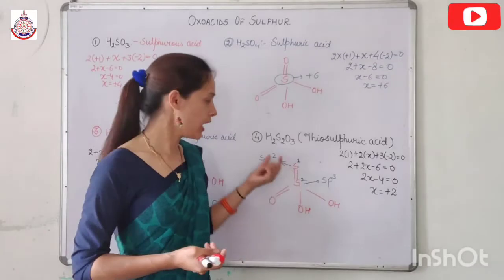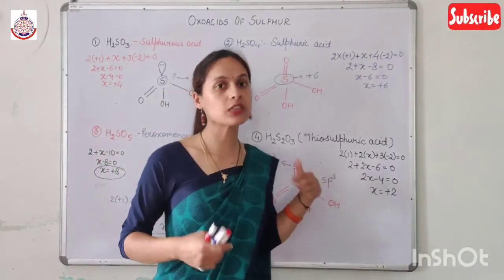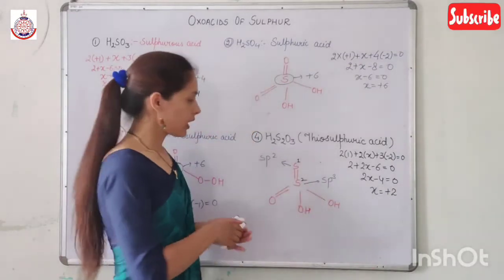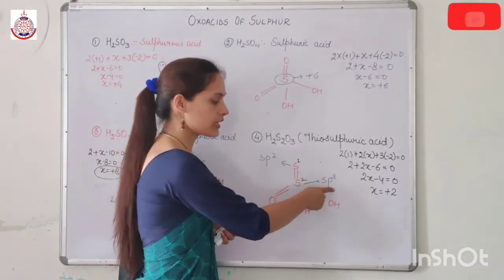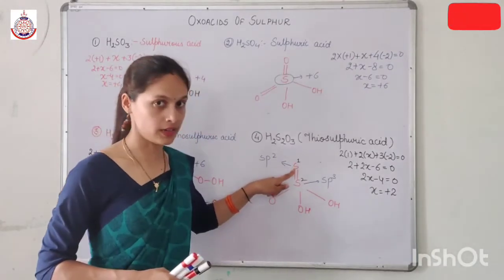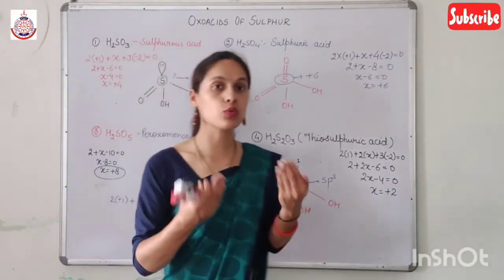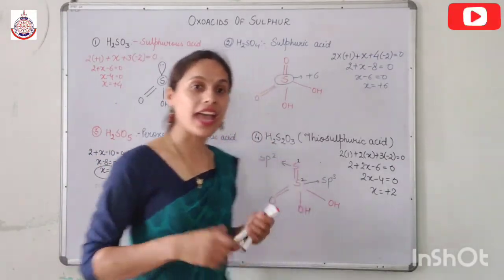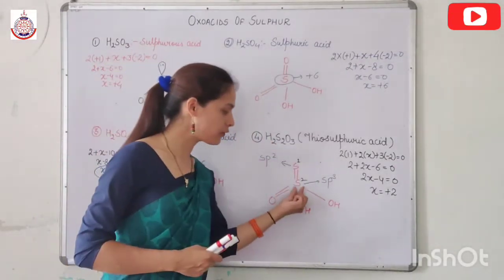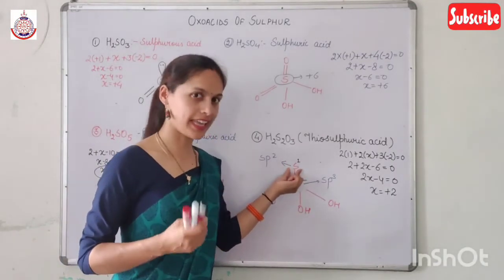Out of these two, this sulfur has sp2 character, whereas this sulfur has sp3 character. So sp2 is more electronegative as compared to sp3. Therefore, S1 is more electronegative as compared to S2. So electrons will move towards S1. As a result, this sulfur becomes positive and this sulfur becomes negative.